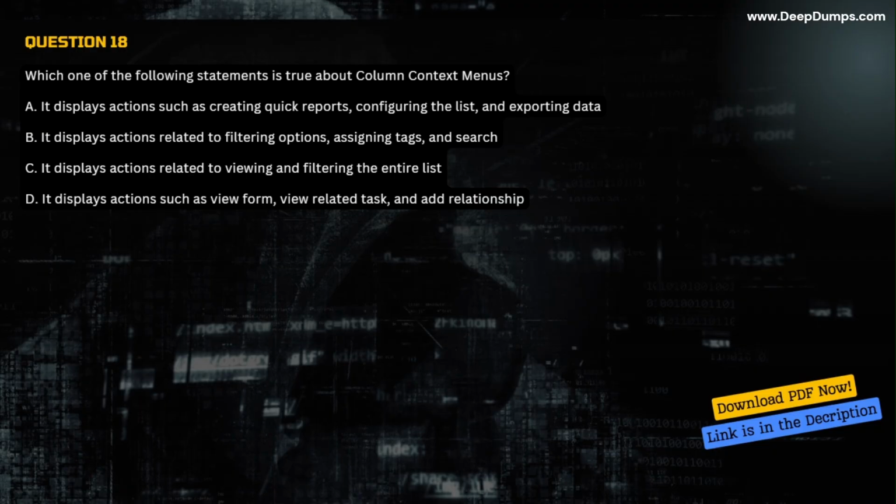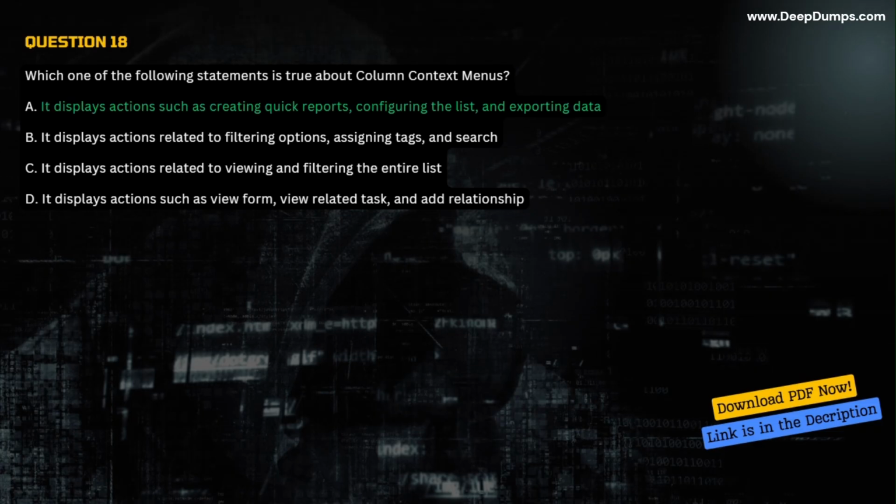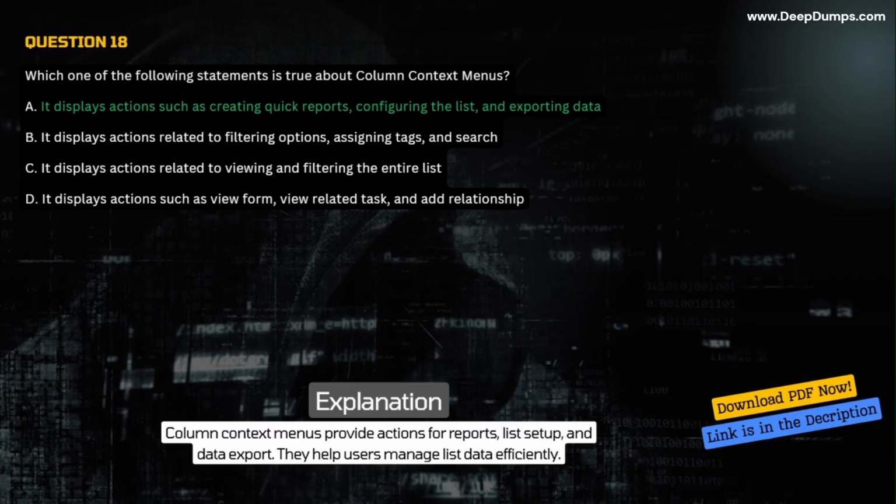D. It displays actions such as view form, view related task, and add relationship. Correct answer A. Explanation: column context menus provide actions for reports, list setup, and data export. They help users manage list data efficiently.